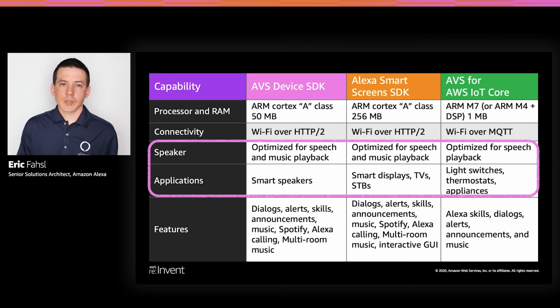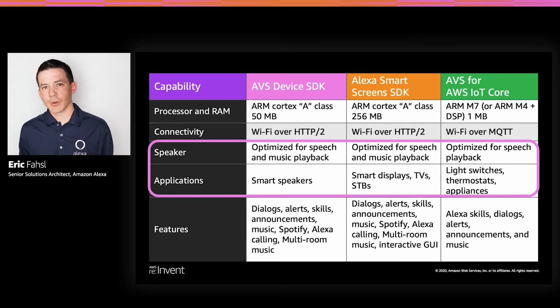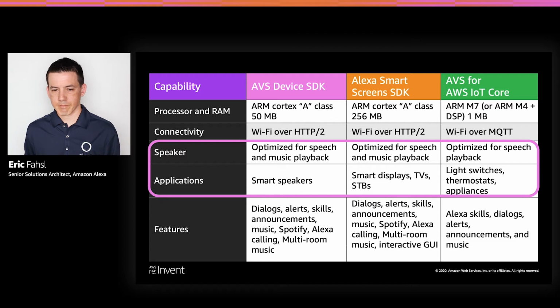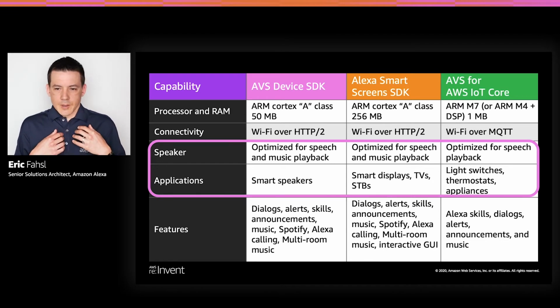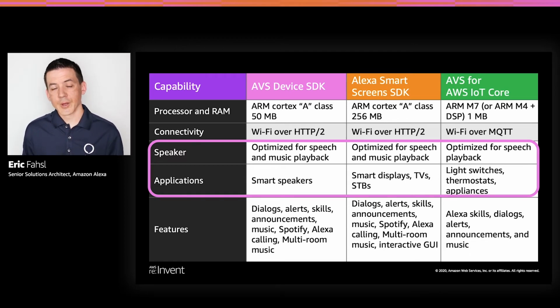I've got the chart up here that we've shown from before, and some of the key questions you need to ask yourself when deciding which of these SDKs to start with are: what's your processor and RAM available? Do you have a screen? In general, we do recommend the Device SDK as the starting point for most device makers. It is by far the most robust and featured solution, but if your device has a screen, that's where we obviously recommend you look into the Smart Screen SDK for both the visual output as well as supporting touch inputs.